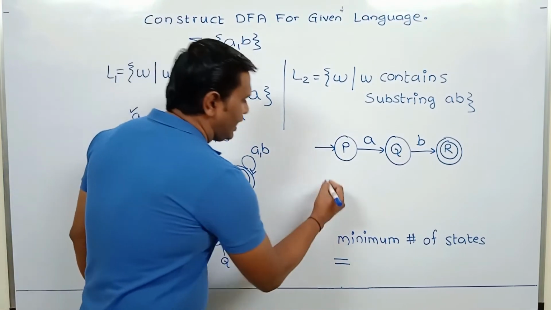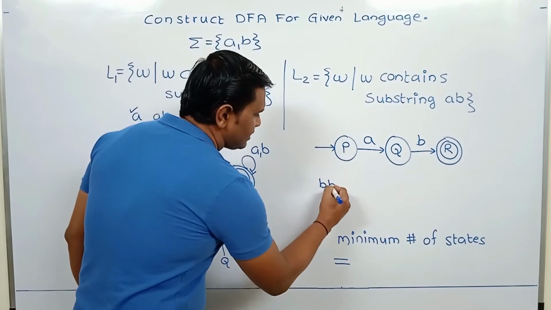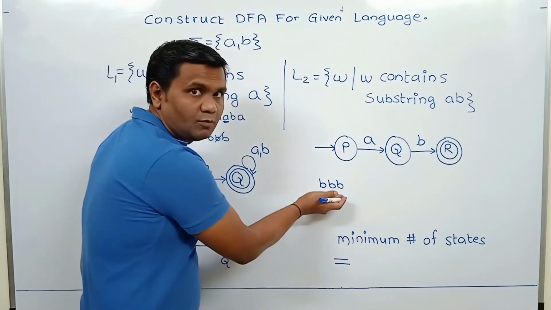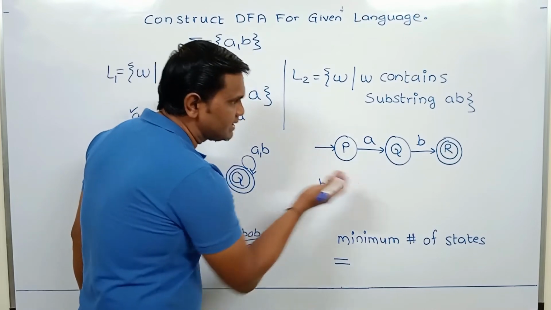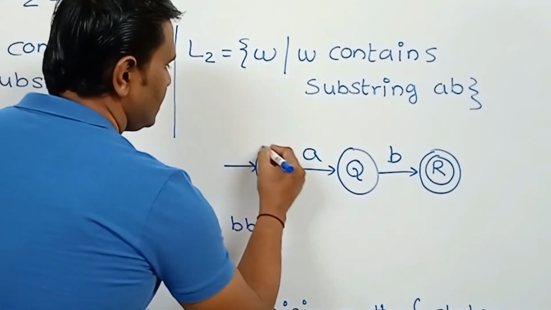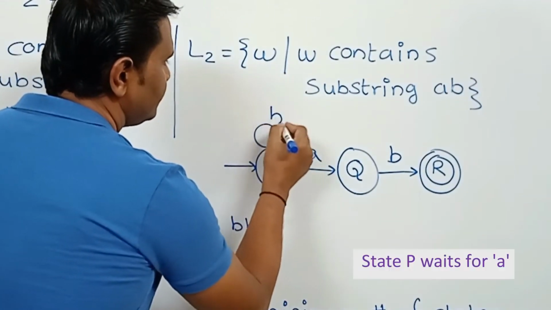Now again, while processing the string from left to right, as long as only B's are coming, we are not going to have substring AB. So here we draw this loop.